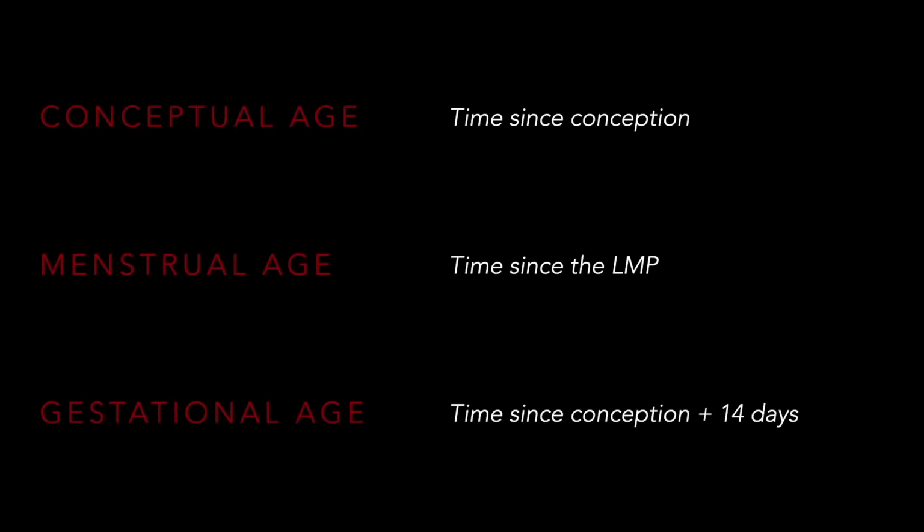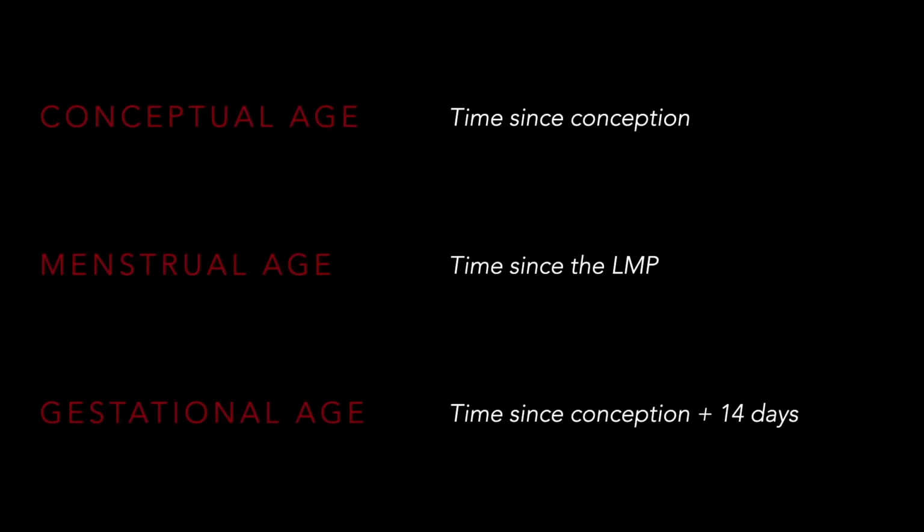So conceptual age is basically the amount of time from when conception took place, right, when the 2 gametes became a fertilized ovum, and that fertilized ovum started to multiply and duplicate and become the embryo, which became the fetus and things like that. So from when that conception took place to present, it's a certain time frame.